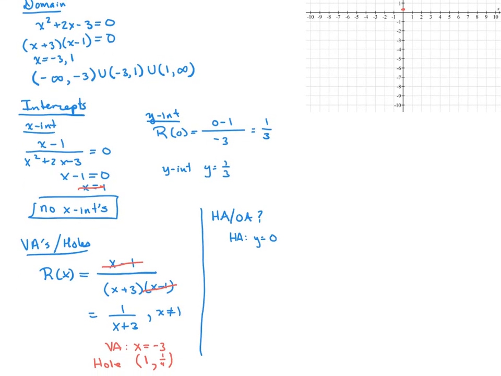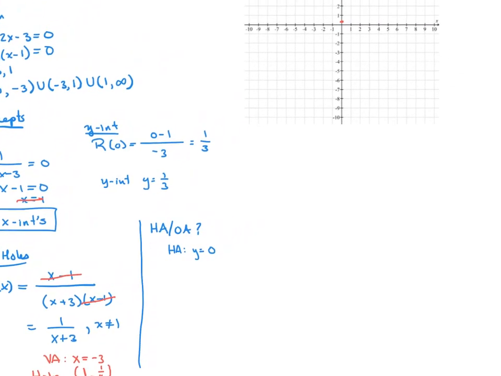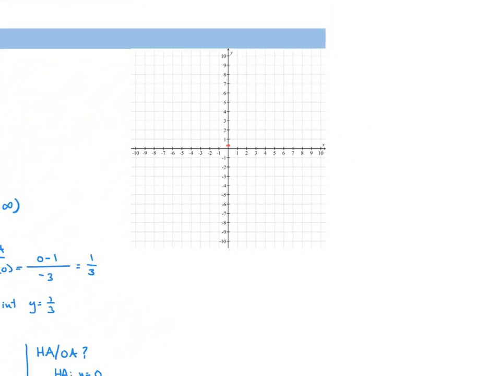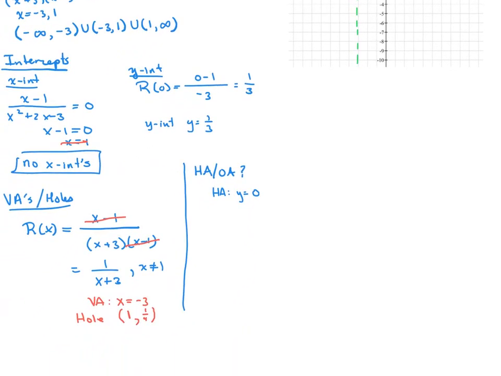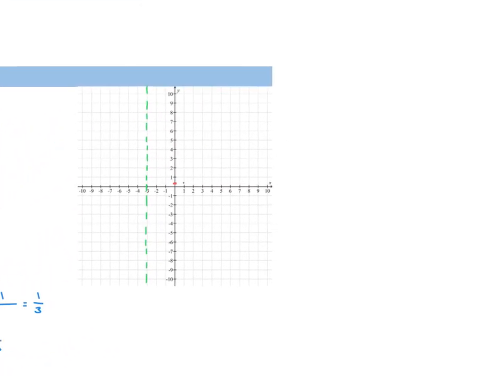We've already put in our y-intercept. Vertical asymptote is x equals negative 3. We had a hole at 1 comma 1/4. And then we have a horizontal asymptote at y equals 0.